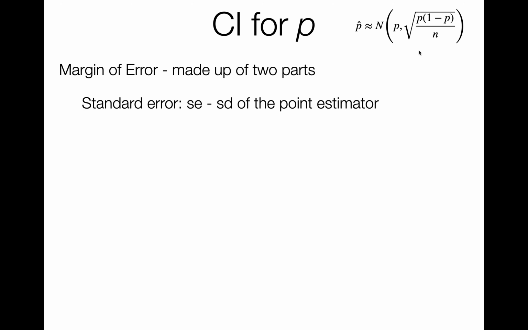Okay, and you'd be right. They are almost the same thing. The standard error is the standard deviation of the point estimator. Okay, and so in the last slide I said the point estimator, which is what I mean by point estimator, is the thing that we use to get the point estimate. Okay, and so what we're going to use as our best guess for the population proportion is going to be its sample counterpart, the sample proportion.